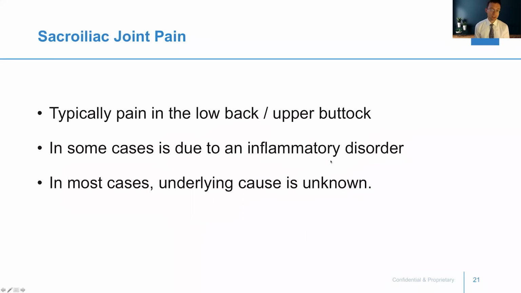It's relatively poorly understood why people get sacroiliac joint pain in most cases. In a small proportion of cases, the pain may be due to a systemic inflammatory disorder, a type of autoimmune disorder which can involve the spine.